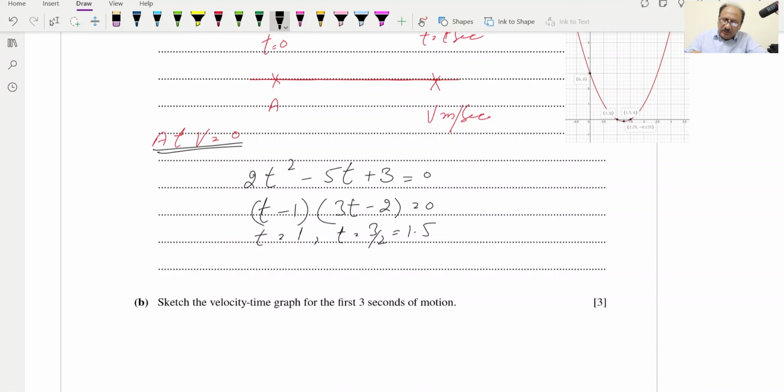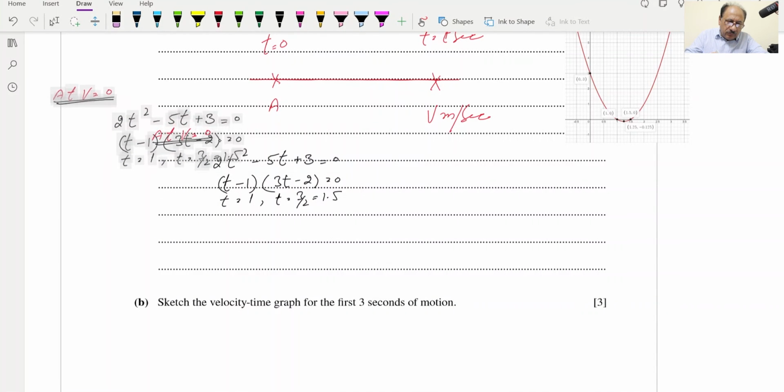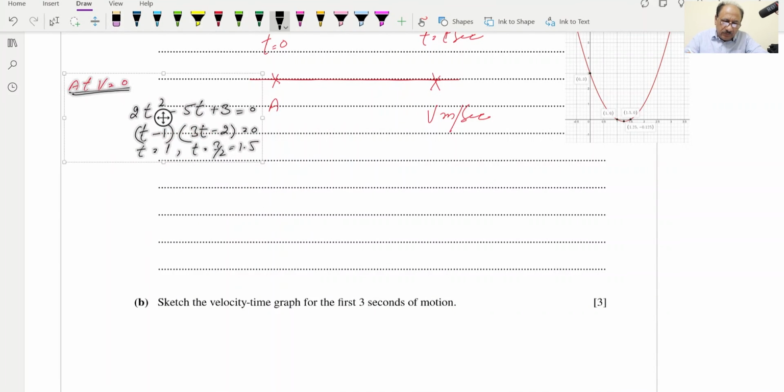Now I will reduce the size, including this also, so that we can get more space for this at a readable size, and move and keep it here. Hopefully it will be no issue for you. And now we take the velocity, which is 2t squared minus 5t plus 3.